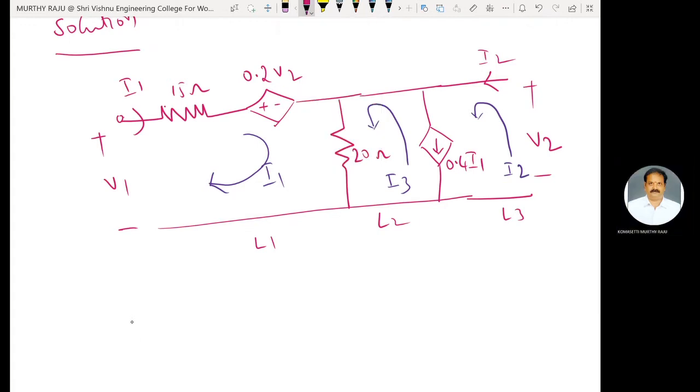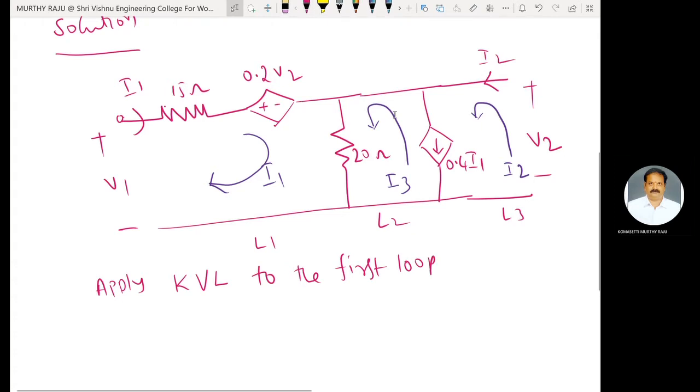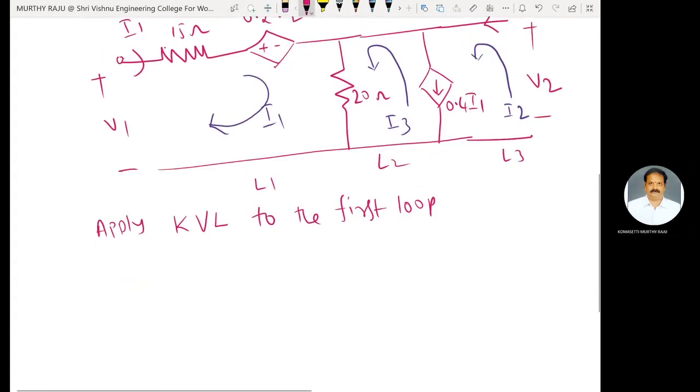Apply Kirchhoff voltage law, KVL, to the first loop. This one is minus V1 plus.